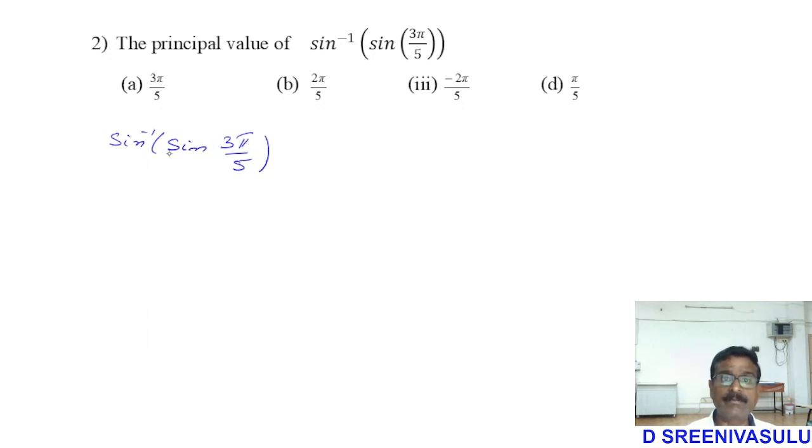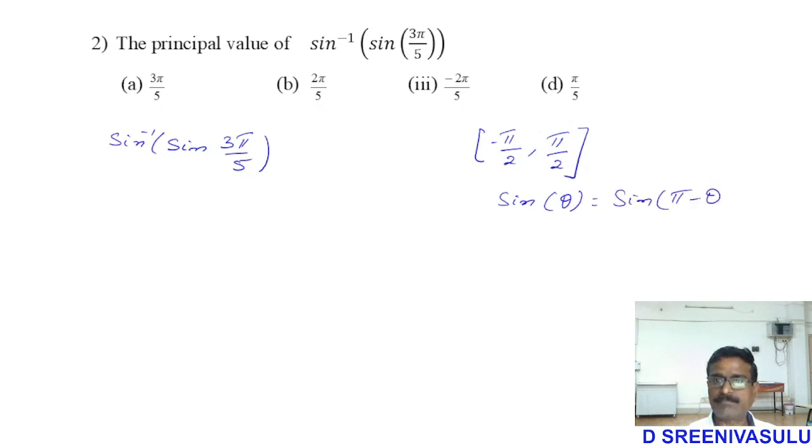Don't cancel, because the principal value of sin inverse is minus pi by 2 to pi by 2, so the answer should lie between minus pi by 2 and pi by 2. We know that sin theta is equal to sin of 180 minus theta, that is pi minus theta.